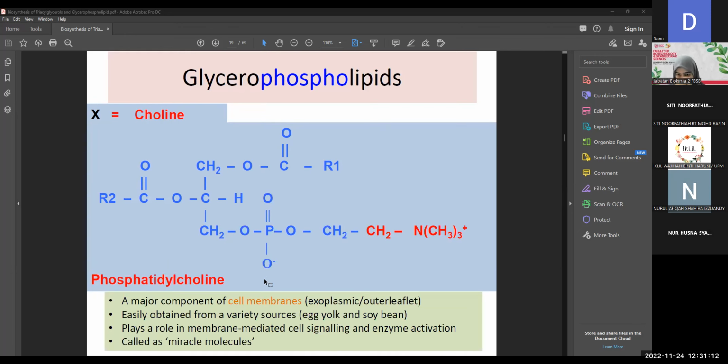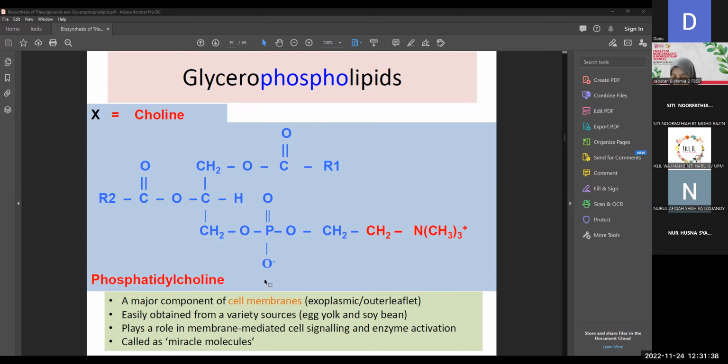All right, if choline is attached to the phosphate group of glycerophospholipid, now we have phosphatidylcholine. It's a major component of cell membrane, so basically everything is for the cell membrane. It can be easily obtained from diet: we can get it from egg, we can get it from soybean.